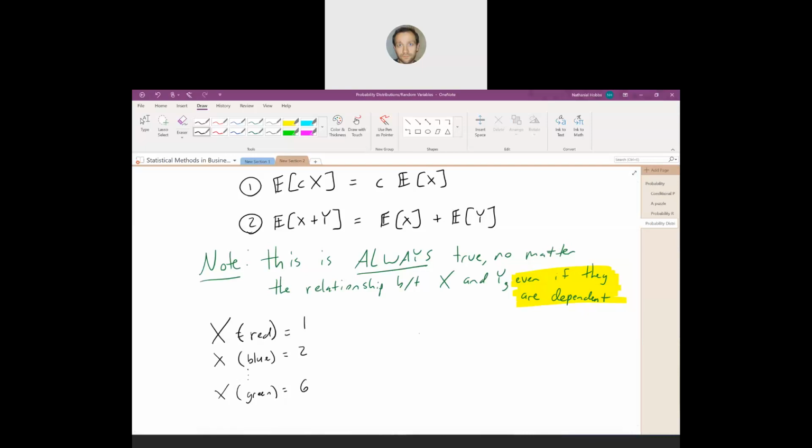So I'll call this x10 of red is equal to 10 x red, which equals 10.